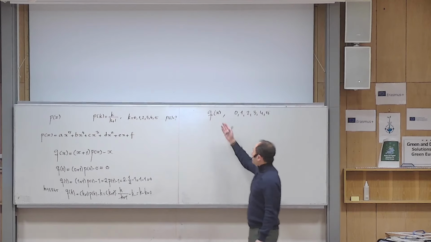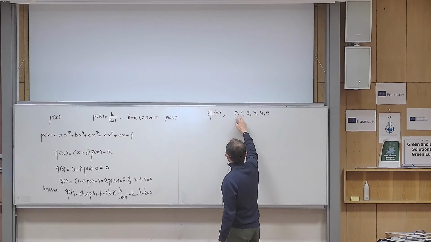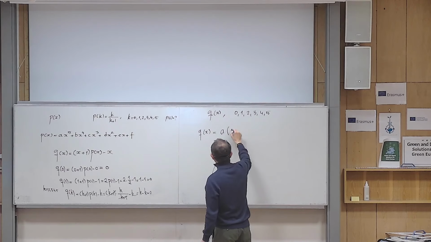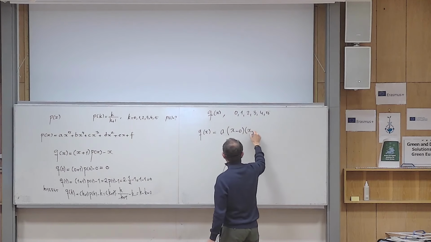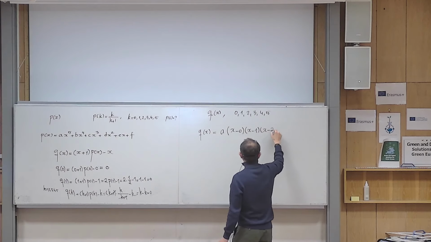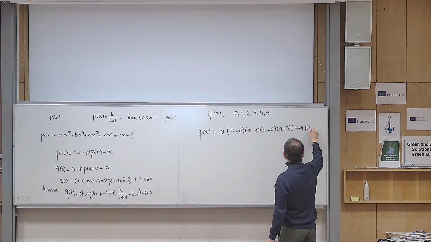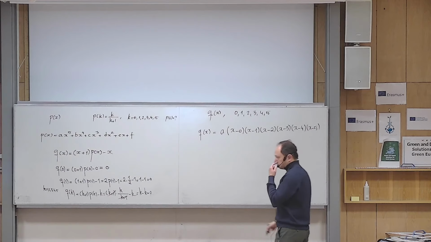A polynomial of degree 6 with given 6 zeros can be viewed in this form: a constant number, a, multiplied by x minus 0, x minus 1, x minus 2, x minus 3, x minus 4, x minus 5. Okay?